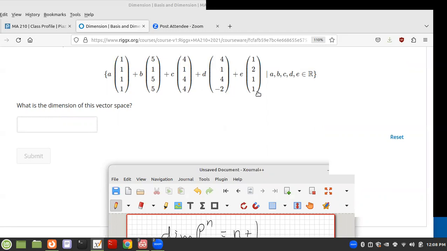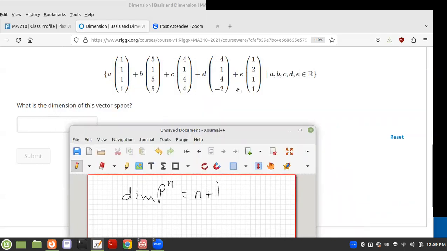What you need to do for this one is take this, formally it's going to be a 4 by 5 matrix, and do row operations to reduce it to echelon form, unless you can eyeball it in some sense.